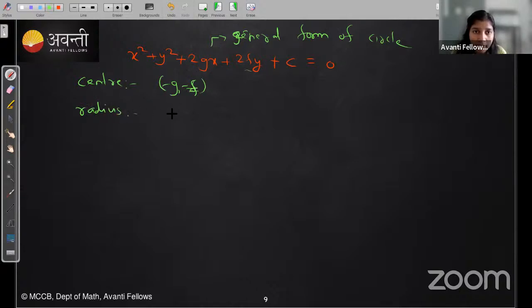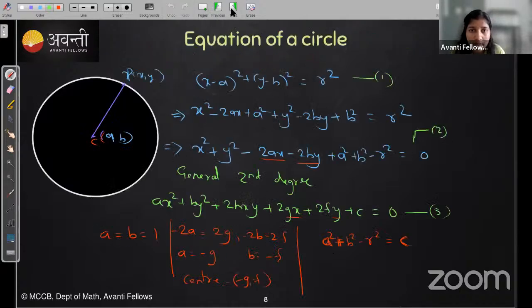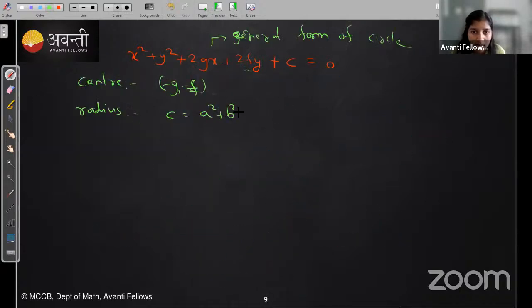We know c is equal to a square plus b square minus r square, right? So r square is a square plus b square minus c. So this implies r is equal to under root of g square plus f square minus c.